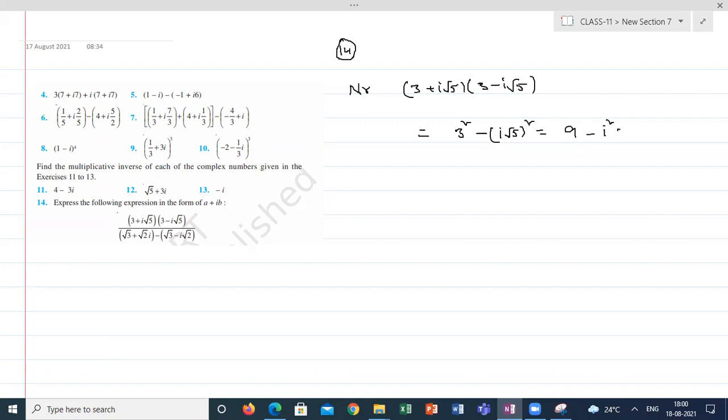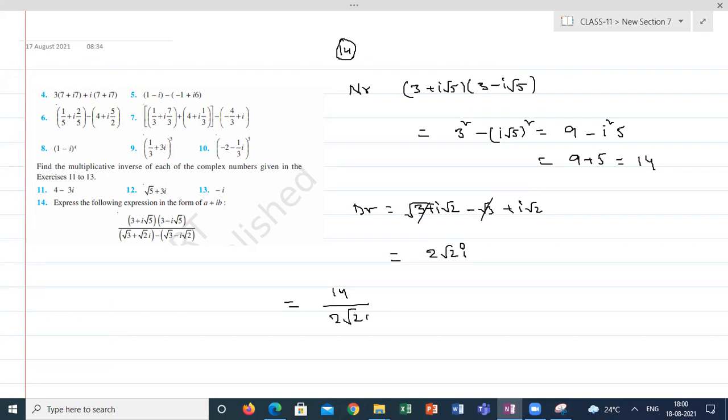Minus i square 5, so 9 plus 5. So this will be 14. In the denominator, 3 plus i root 2 minus root 3 plus i root 2. Root 3, root 3 cancel. So I am getting 2 root 2 i. So the given expression will be equal to 14 by 2 root 2 i.